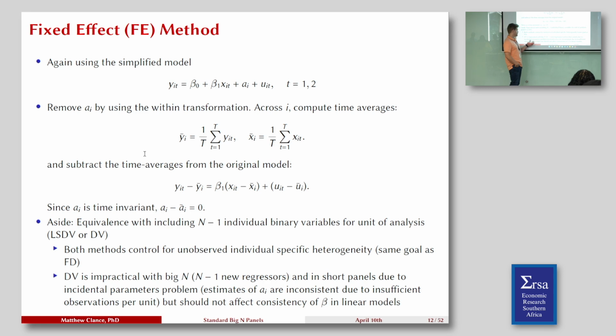Well, they're parameters that are not the main goal of our regressions. But what happens is, because the program is trying to estimate these, we actually get inconsistent estimates in the parameters. So basically, estimates of the AI term, which is each of these n's, are inconsistent due to the insufficient observations per unit. So I have one unit, but I only observe them for a few years.